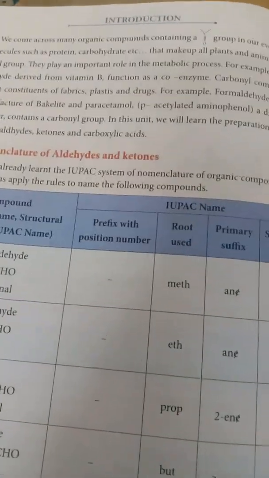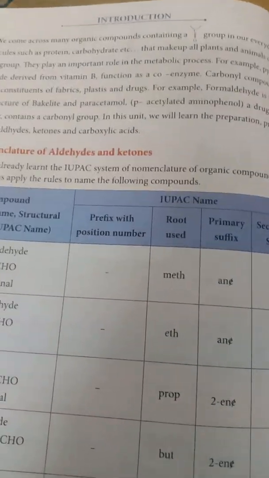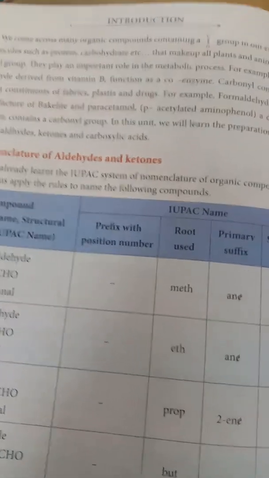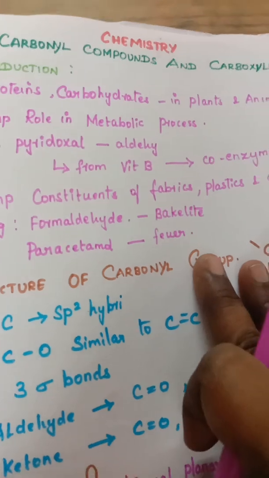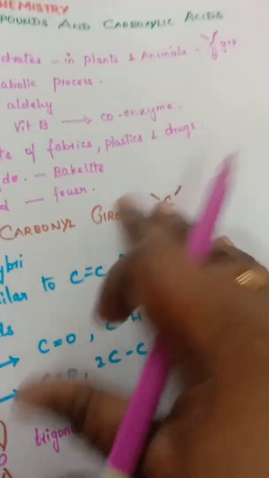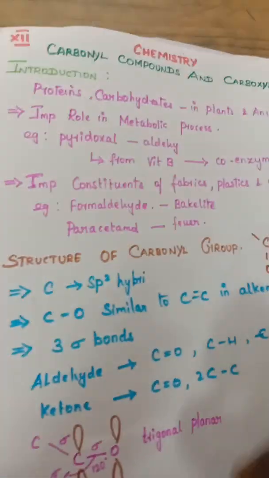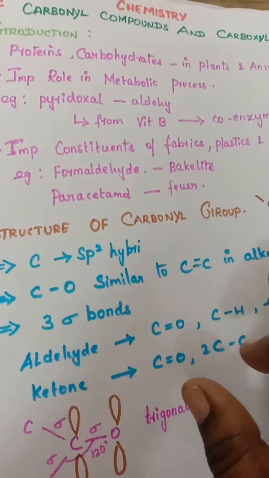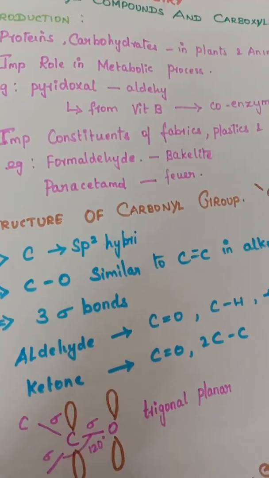First we'll see about the introduction. In this introduction they have given you the functional group, that is, the carbonyl group is present, meaning they have a C double bond O group. From where do we get this carbonyl group, these aldehydes and ketones?